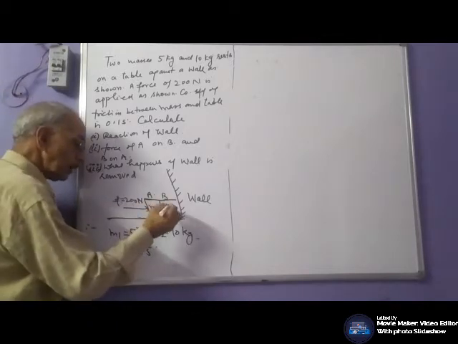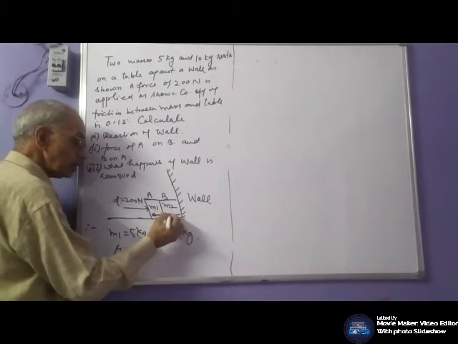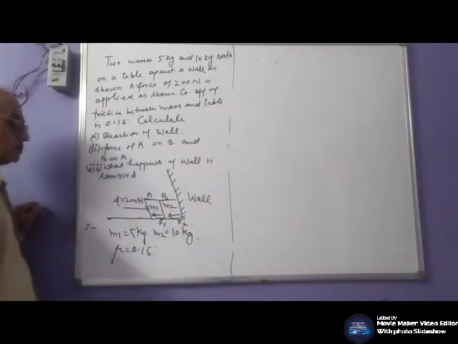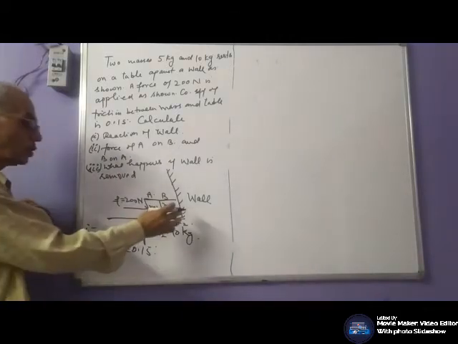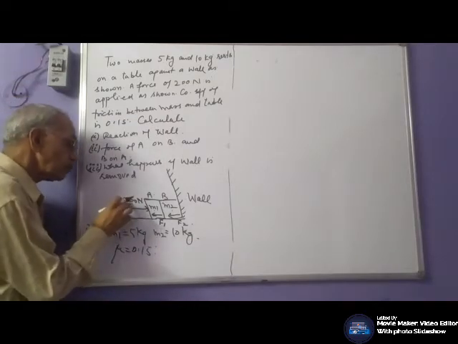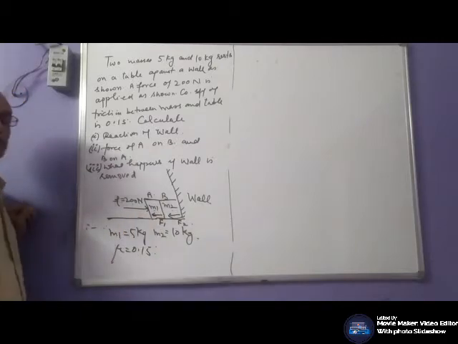When this force is applied, the force of friction is in opposite direction. To find the total force of friction, subtract it from this. This will be action, the same will be reaction.